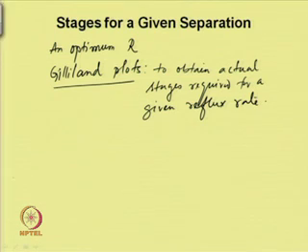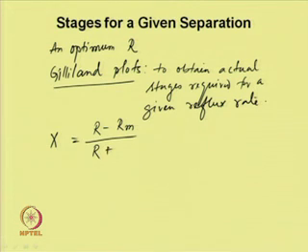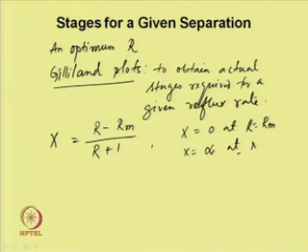The plots relate two variables, one is X, which is equal to R minus R mean divided by R plus 1. This X ranges from 0, X is equal to 0 at R is equal to R mean, and X is equal to infinity at N is equal to N mean.